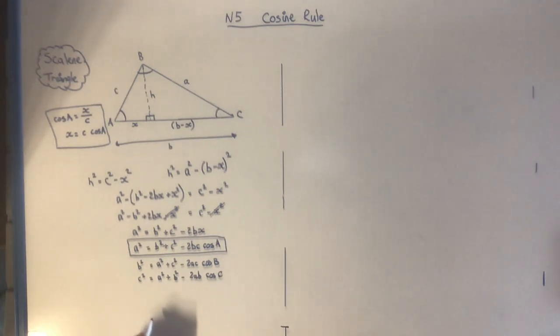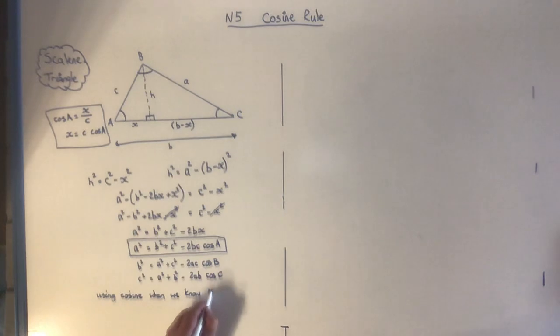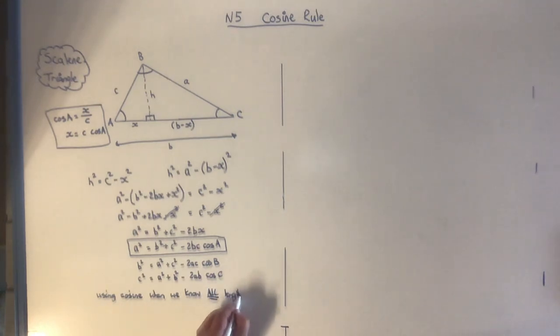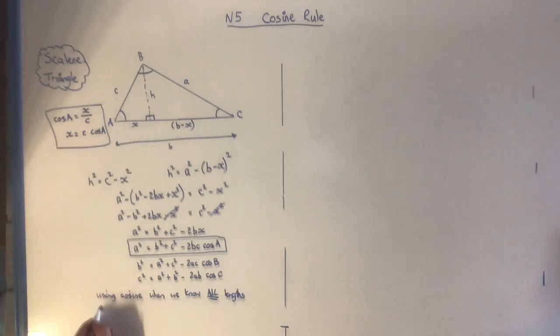Use the cosine when we know all lengths in a triangle, or SAS. Now remember what I said the SAS was in the area video?